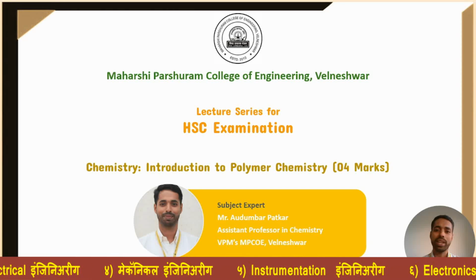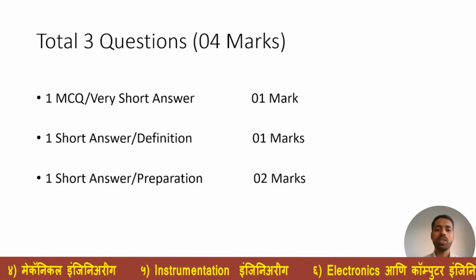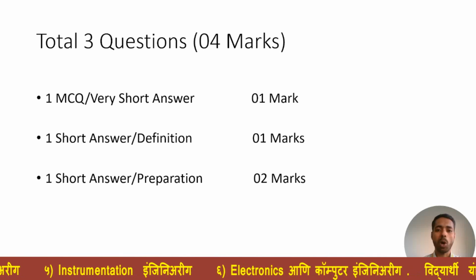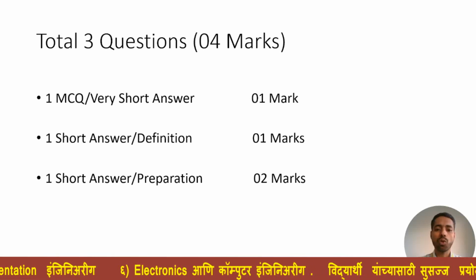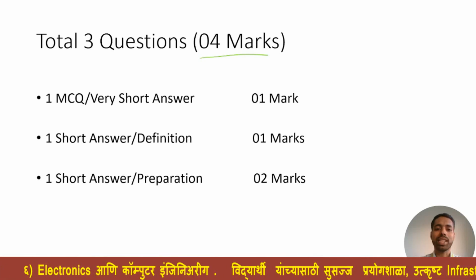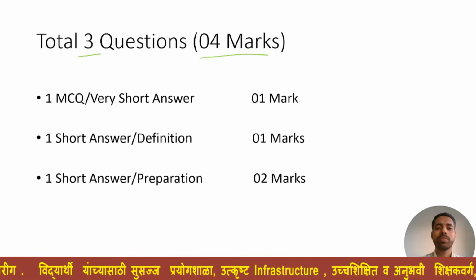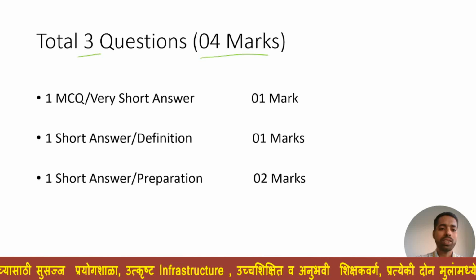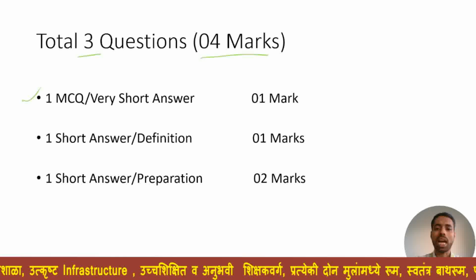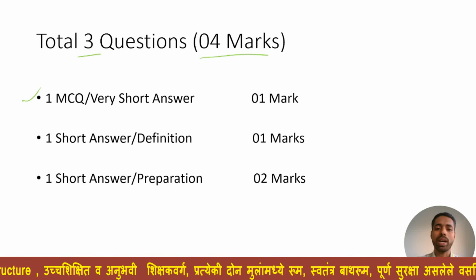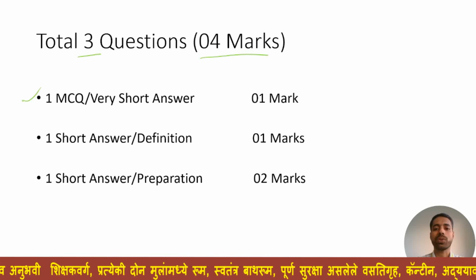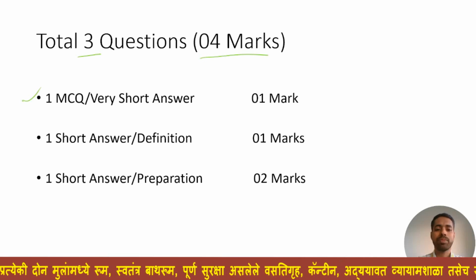So let's go ahead. This module, Introduction to Polymer Chemistry, will be asked for 4 marks in the final exam, and there will be 3 questions. One question will be either an MCQ for 1 mark or a very short answer question for 1 mark.